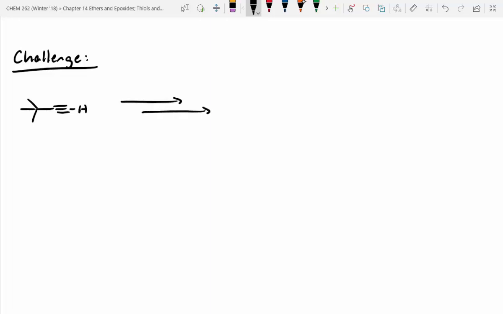And our goal is to use whatever reagents necessary to make this alcohol. So 1, 2, 3, 4. Looks like this. This gets tricky, but I will give you a hint. You have to use an epoxide for this, or at least it's better to use an epoxide.